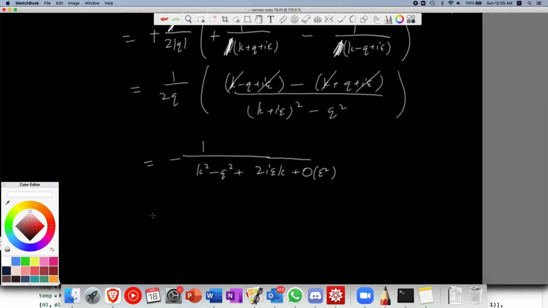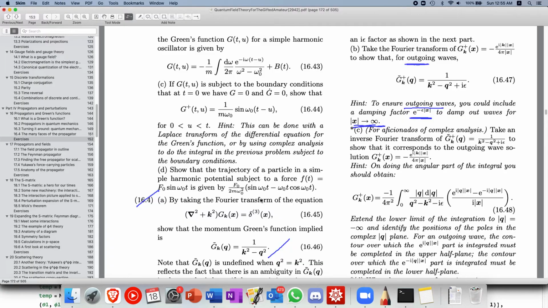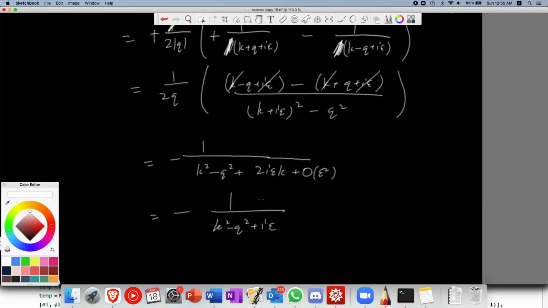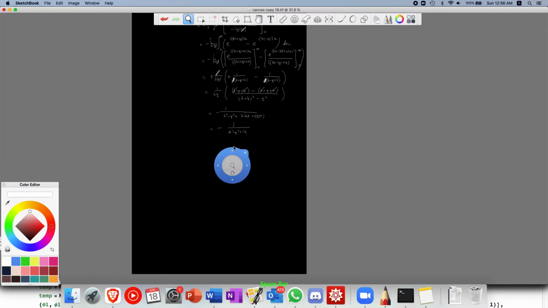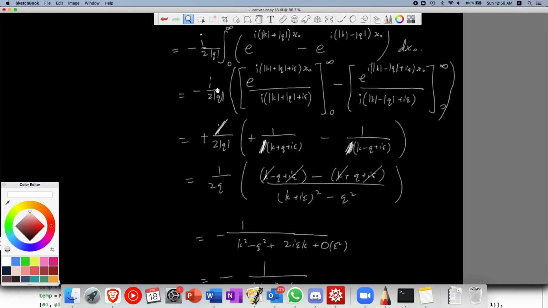So you realize what's next thing we can do? This thing is essentially i epsilon, because we're shrinking epsilon down to a very small number, so this is 1 over k squared minus q squared plus i epsilon. Darn it, we seem to have some missing minus sign, but I'm not sure if I can find it.